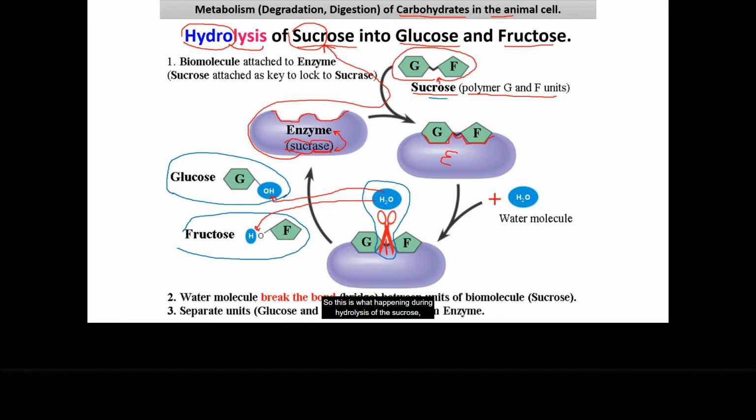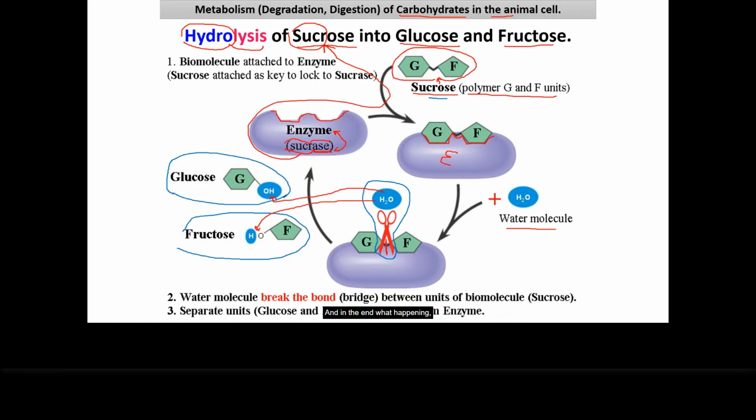So this is what happens during hydrolysis of sucrose with the help of the enzyme sucrase and a water molecule. This is when we break the chemical bond connection between glucose and fructose. Two separate units, glucose and fructose, are released from the enzyme.